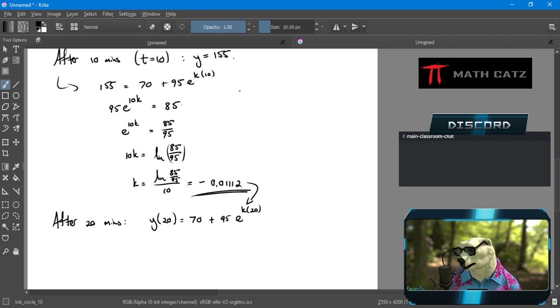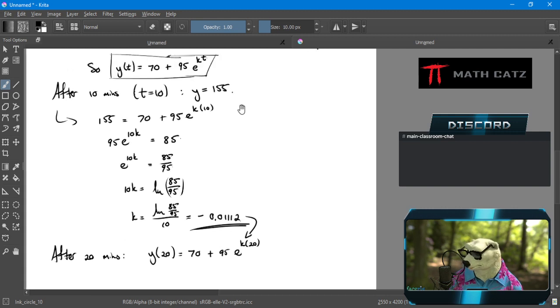Though I do understand that the situation has a negative exponential portion to it, which means again, I'm going to have the situation over time where here is my 70, my room temperature.